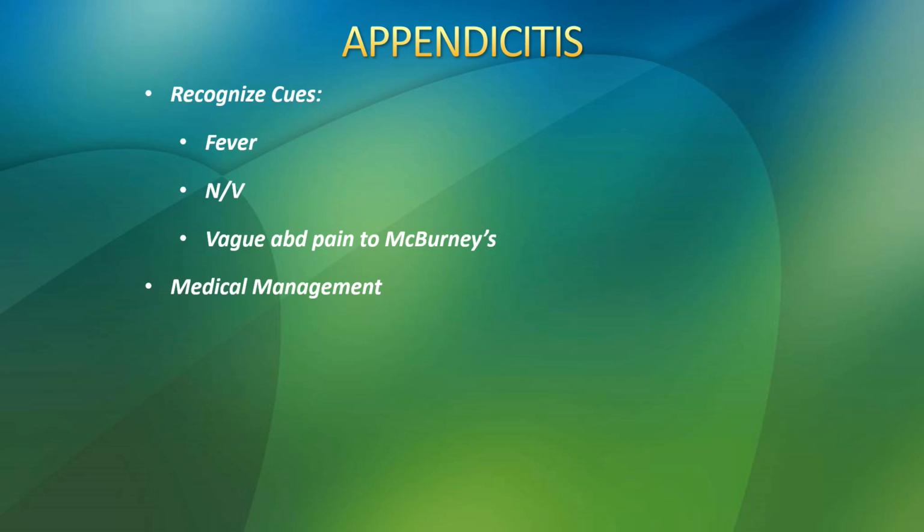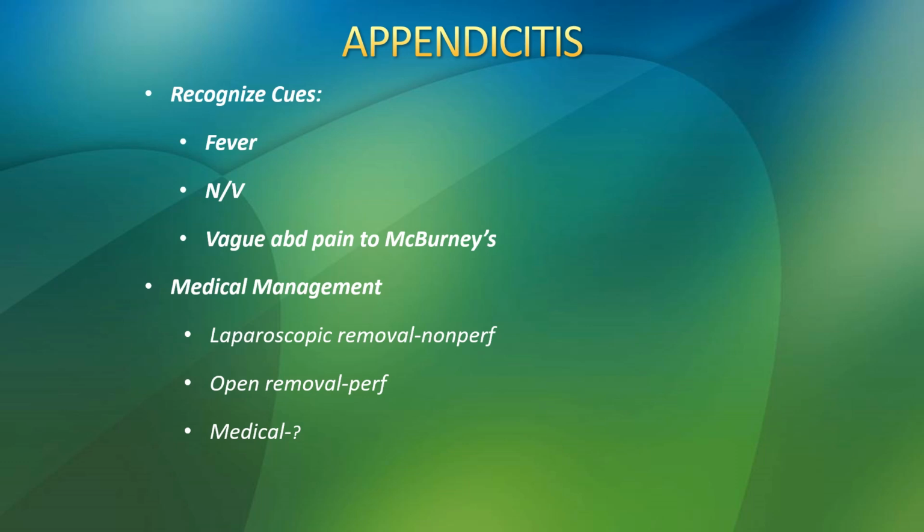The medical management of a child who's coming in with appendicitis is first and foremost laparoscopic removal. That's what almost every hospital does immediately with these kids. If they have not perforated, if they still just have vague pain, and not a lot of nausea, vomiting, and septic appearance, then we'll just do a laparoscopic removal.